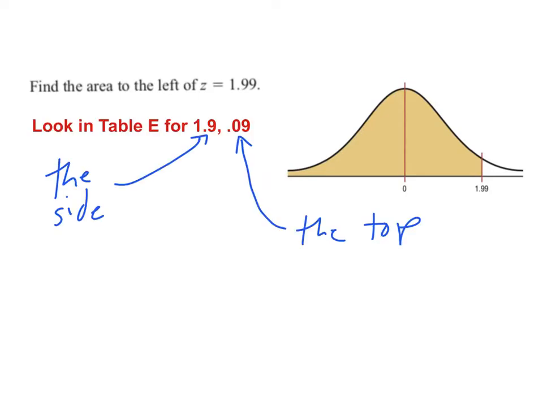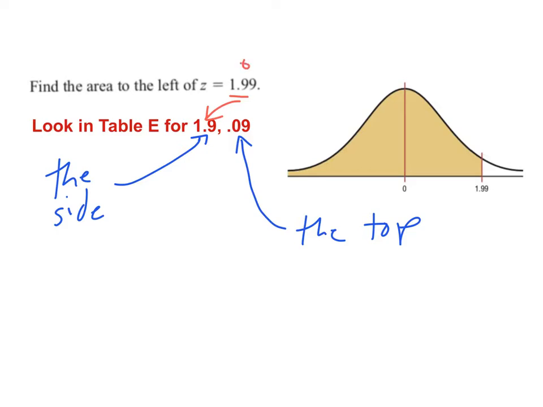So in the table, on the side, what you're going to do is you get the first 2 numbers. This 1.9 is the vertical column on the side, and then you go across the top to 0.09, because when I add these together, this is what I get. So essentially, what you're doing is you're chopping it. Okay? I'm taking the 1.9, that's on the side column.